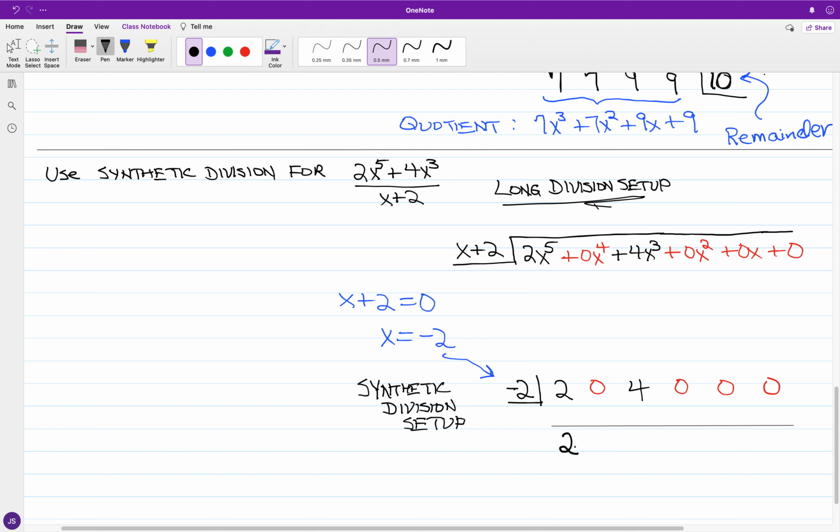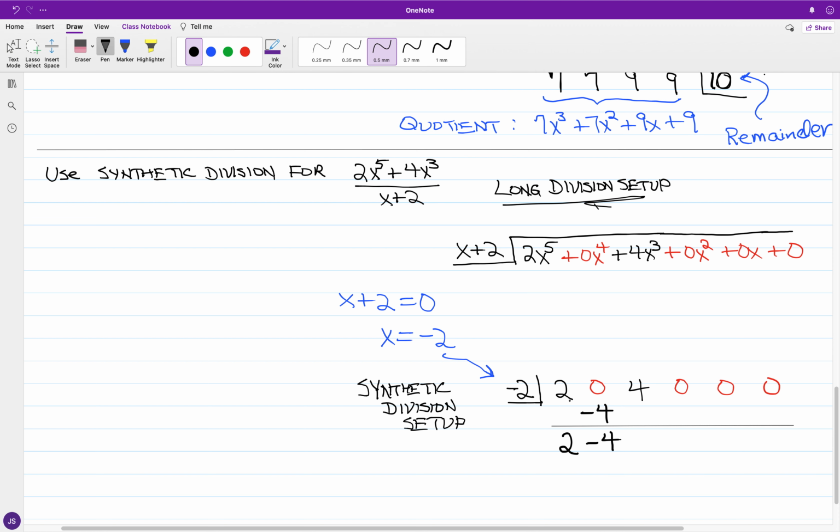This 2 is multiplied by the zero, in this case negative 2. Negative 2 times 2 is negative 4, and this product is brought over to the next column. Adding the numbers in the second column, 0 plus negative 4 is negative 4.